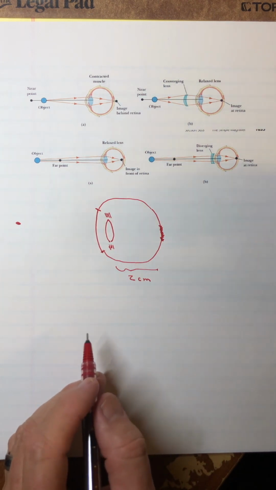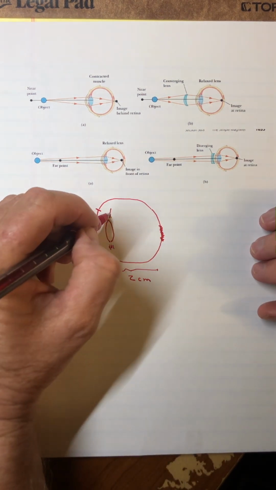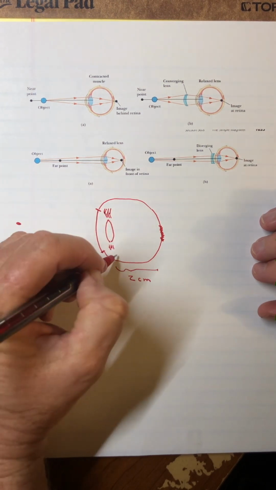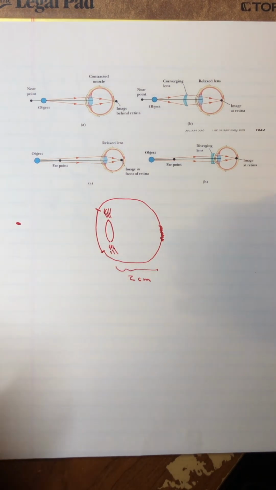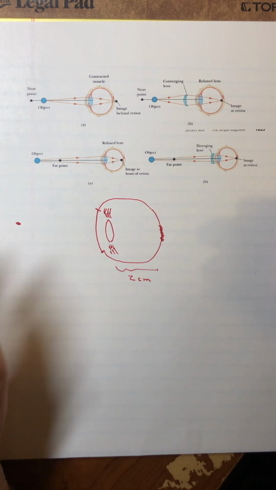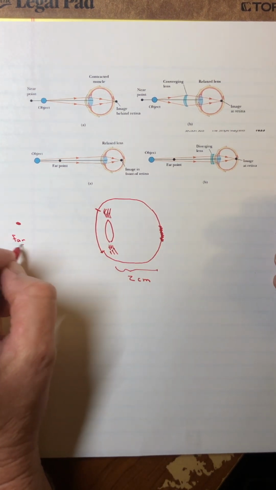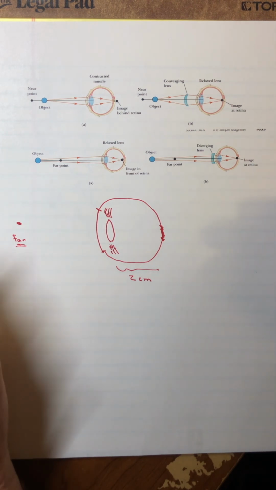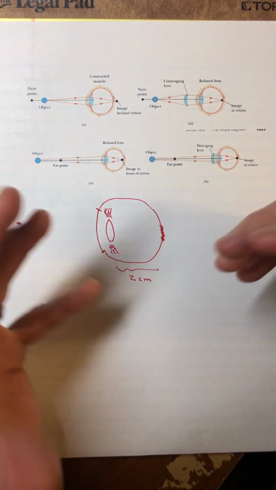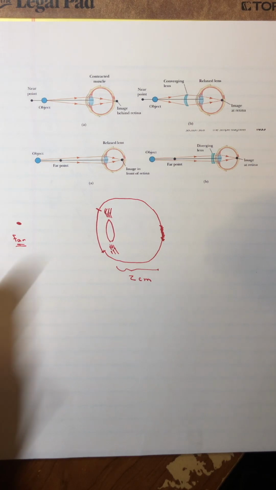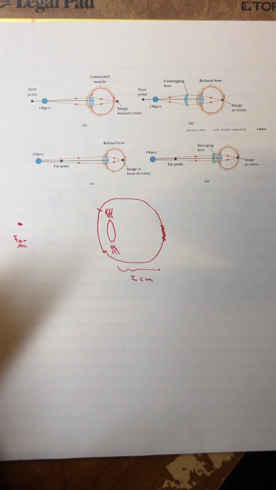Now, you can make up for that by squishing the lens and using your muscles. So things come into focus and you can see things that are far. But you're not really in the relaxed position. And so your eyes are always working hard, which isn't good.